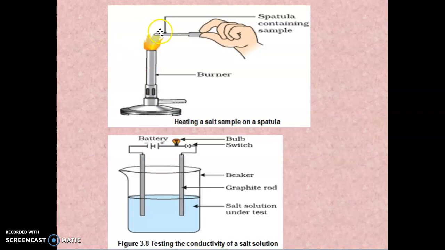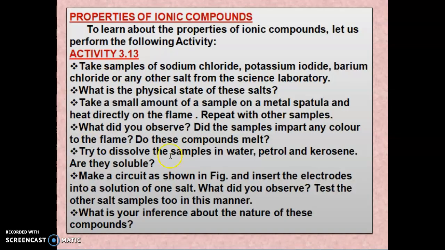Just like this, we are taking a sample of a substance on a spatula and heating it. Repeat with another sample. What did you observe? Did the sample impart any color to the flame? Does this compound melt? Then try to dissolve the sample in water, petrol and kerosene.